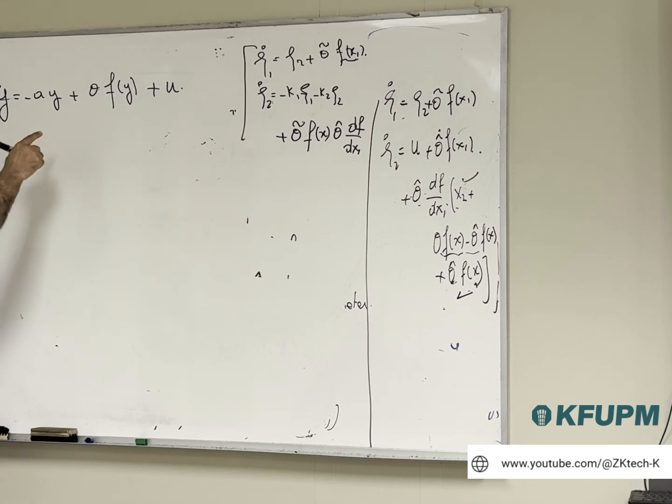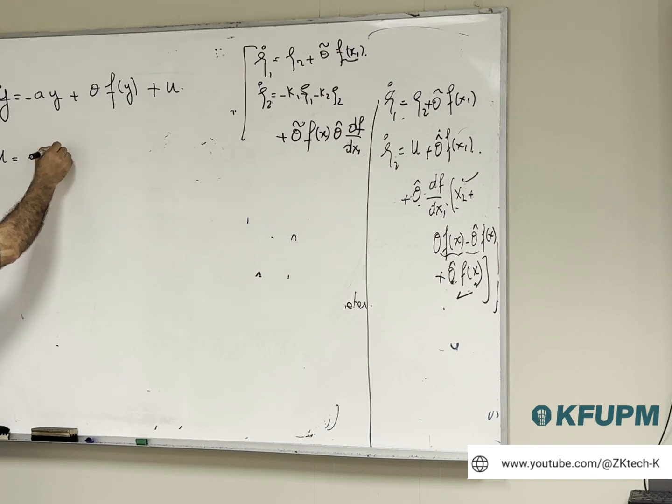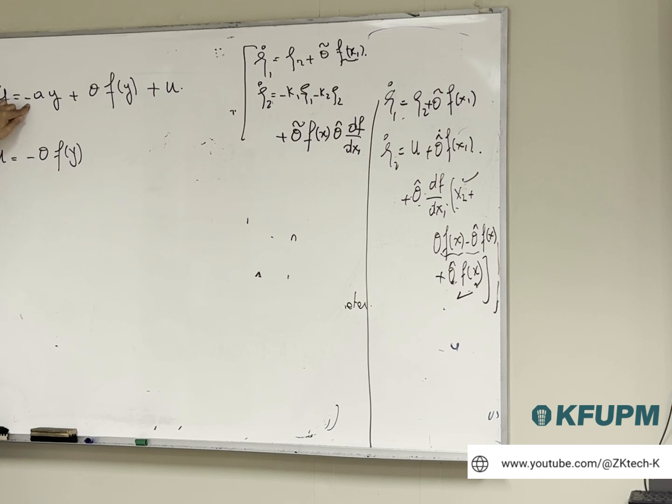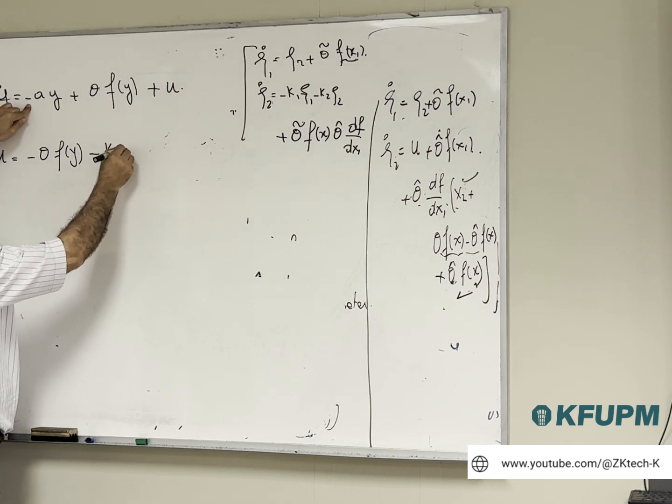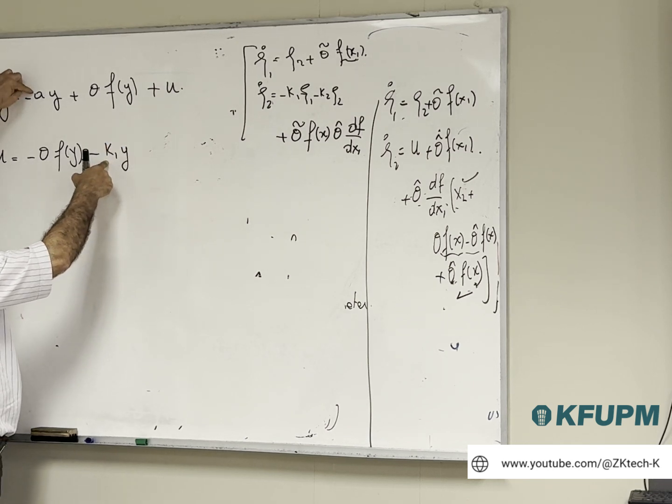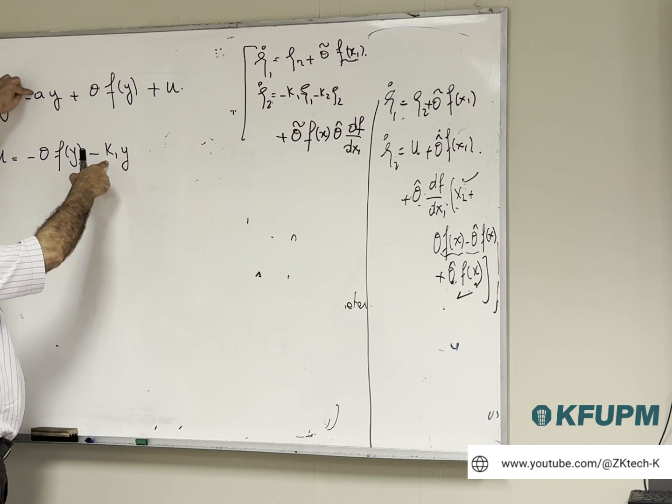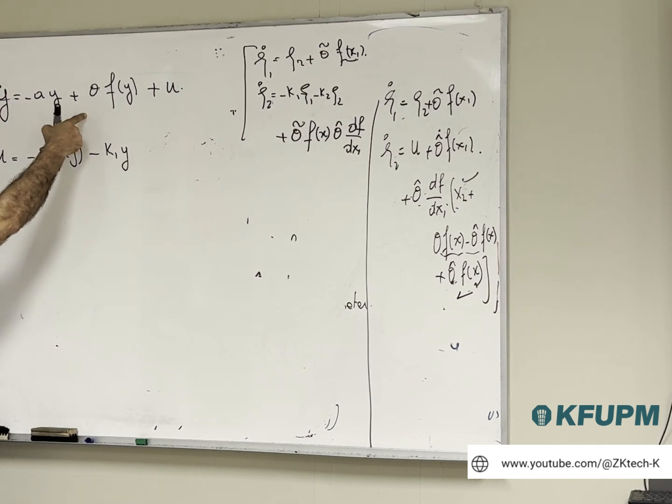To linearize this system, u has to be equal to minus theta multiplied by f of y. If I'm not happy with the value of minus a times y, I need to change it. Then I can add minus k1 multiplied by y. K1 will be affecting the value of a to have the dynamic that I want. You can control it. But since I don't know the value of theta, u can only be done based on theta hat. Everybody is okay with this?